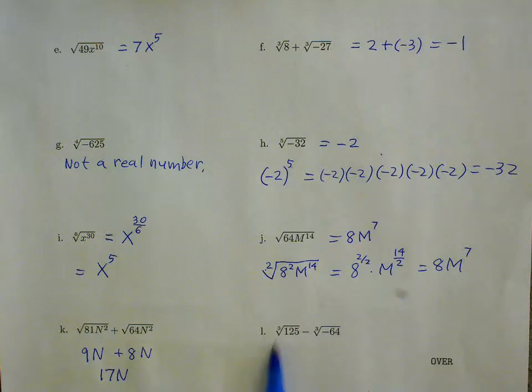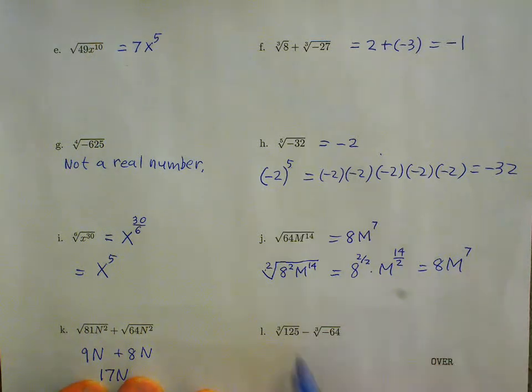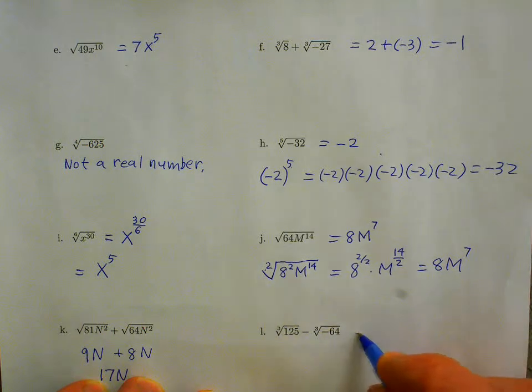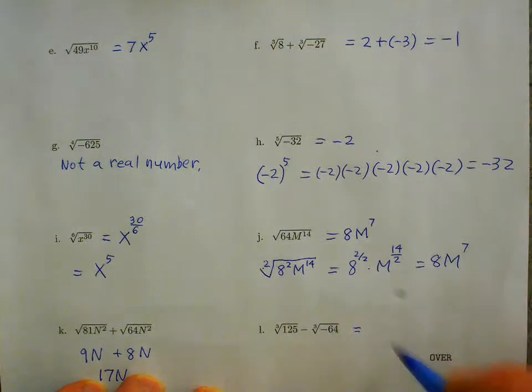Okay, the cubed root, let's do it in parts. What's the cubed root of 125? Yeah, the cubed root of 125 is 5. An intermediate step could be the cubed root of 5 to the third.